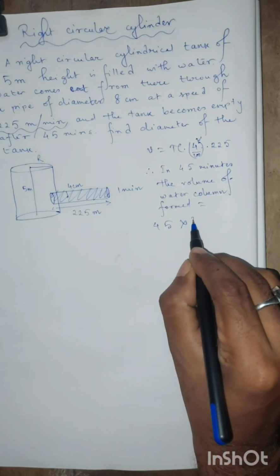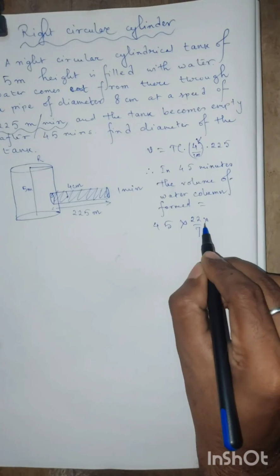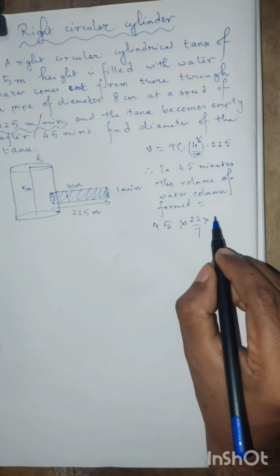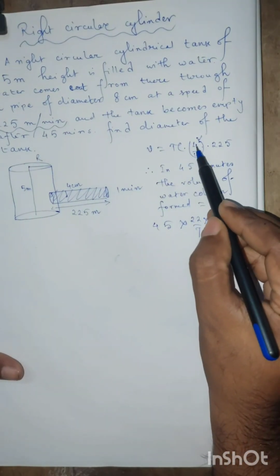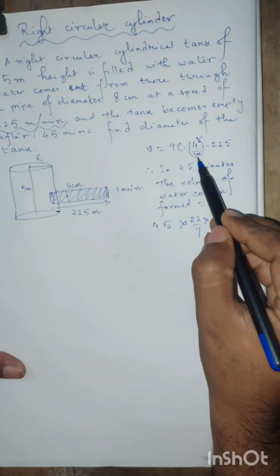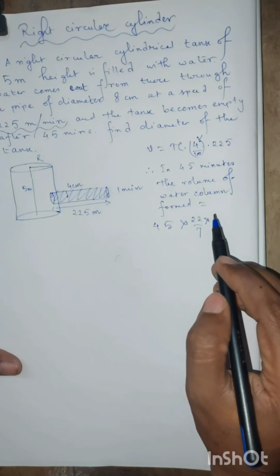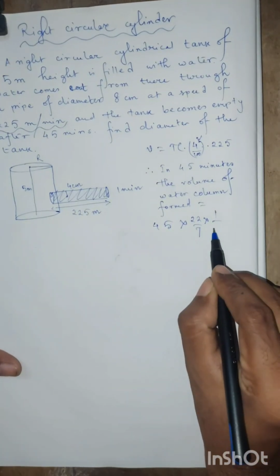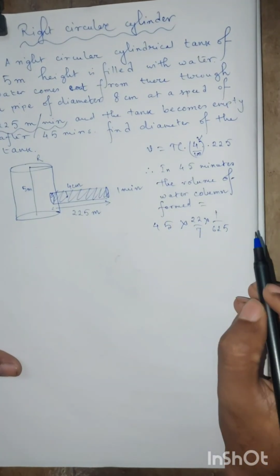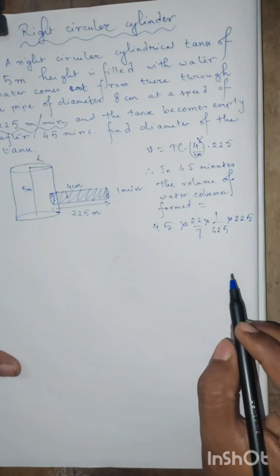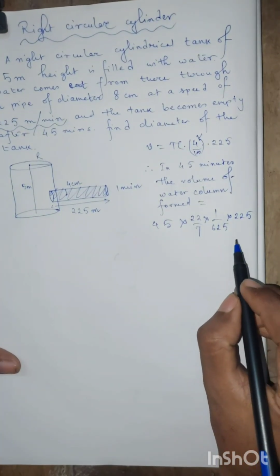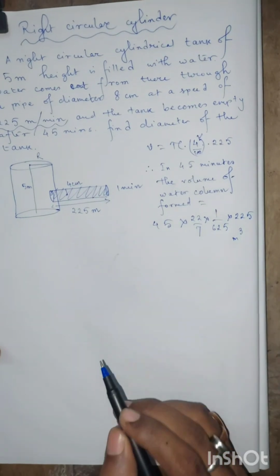That means 22 by 7 into, if we cancel it by 4, we are getting 1 by 25. So we can write 25 square, that means 1 by 625, into 225. So this is the volume. So we can write it in meter cube.